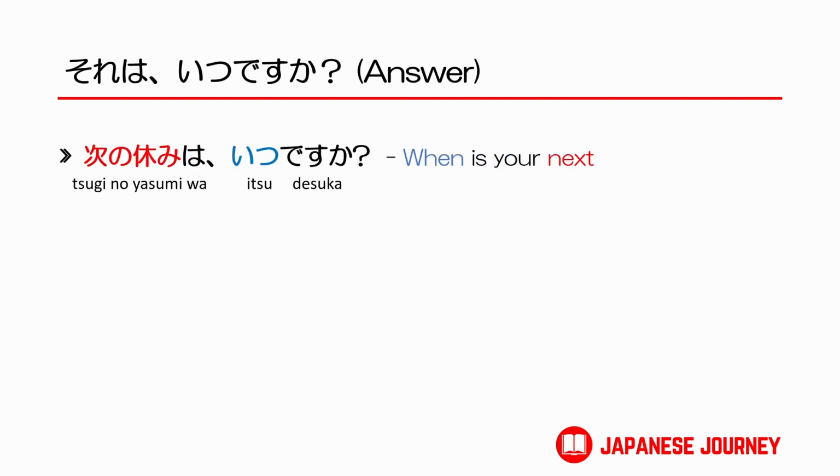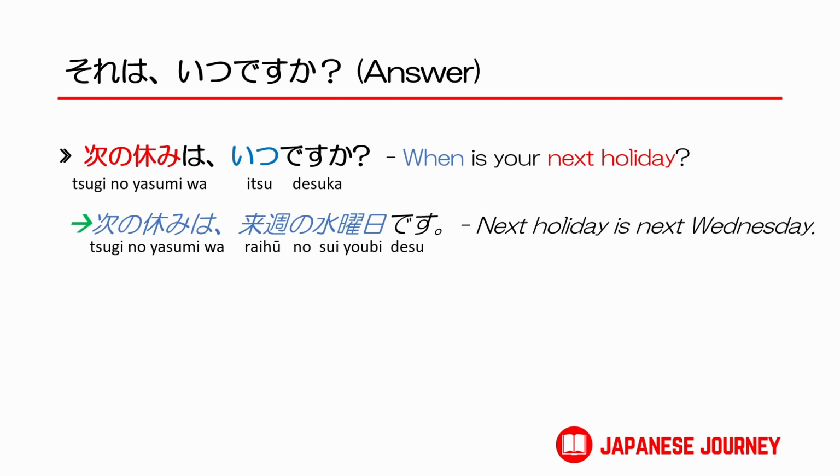When is your next holiday? 次の休みはいつですか? If someone asks you, when is your next holiday? You can reply by saying, 次の休みは来週の水曜日です。Let's explore more vocabulary on how to answer this question.